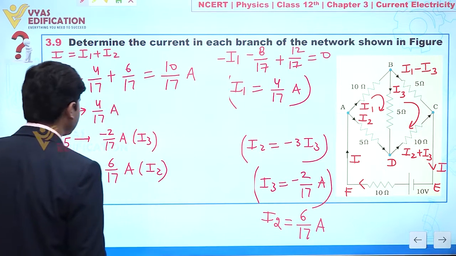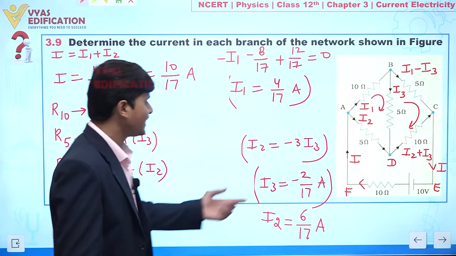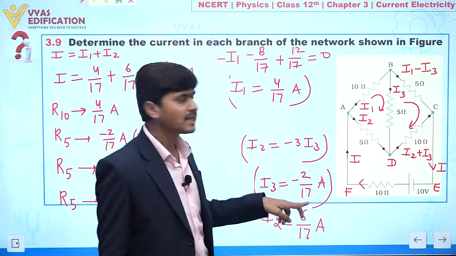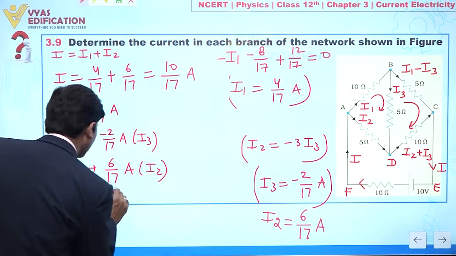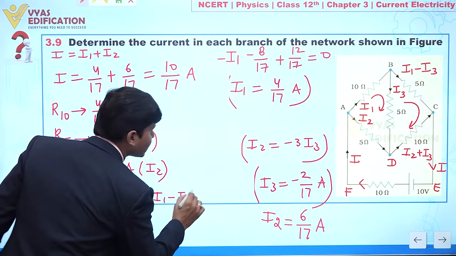I1 is 4 by 17 and minus I3 gives 6 by 17 ampere. So I1 minus I3 is 6 by 17 ampere.